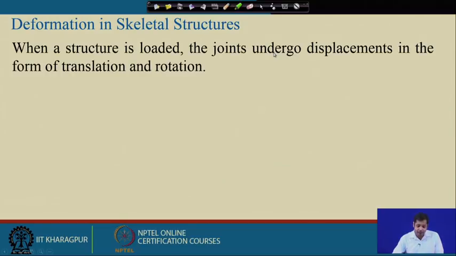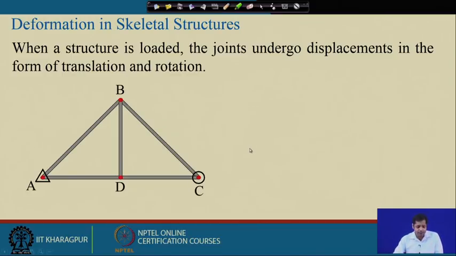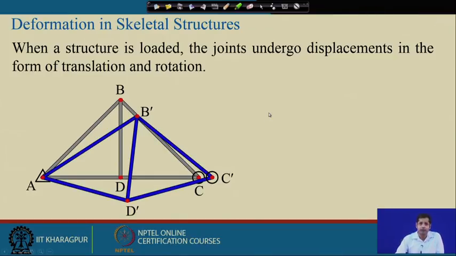Now, before we define kinematic indeterminacy, let us see what happens when you take a structure and apply load on the structure. When a structure is loaded, then the joints undergo displacement, right, in the form of translation and rotation. For instance, if we take a truss like this, and if it is subjected to some kind of load, the entire truss may deform like this.